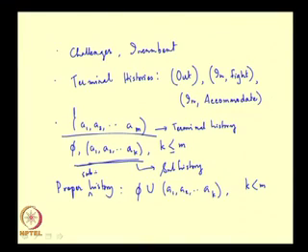So, in this case I have these three terminal histories, and what are the proper subhistories here? In case of out, the proper subhistory is just one, phi.